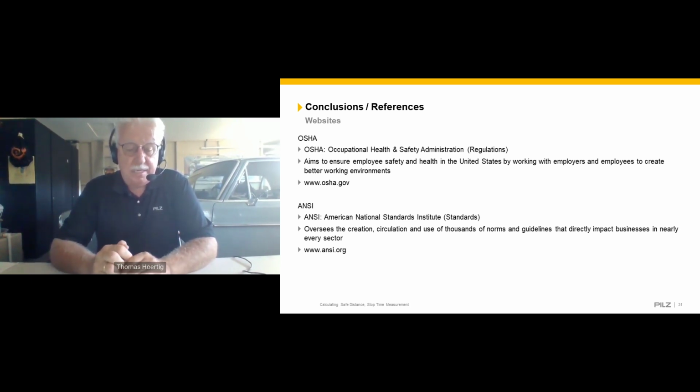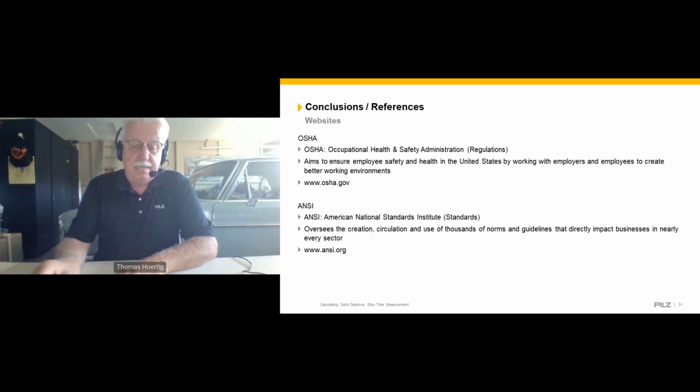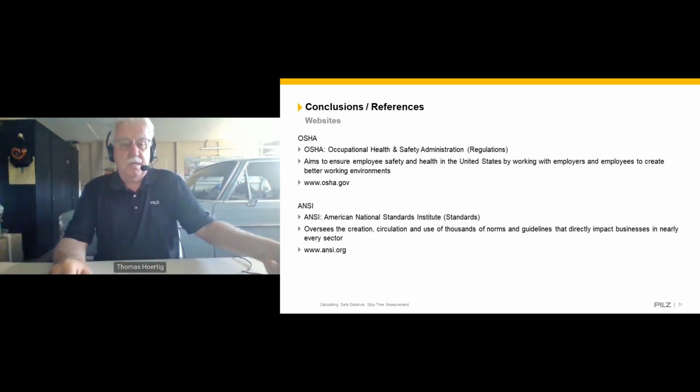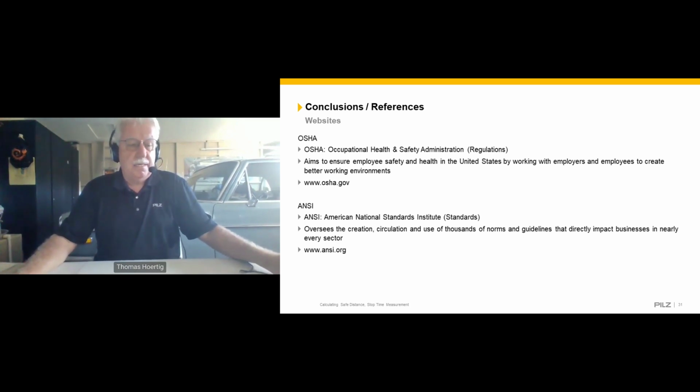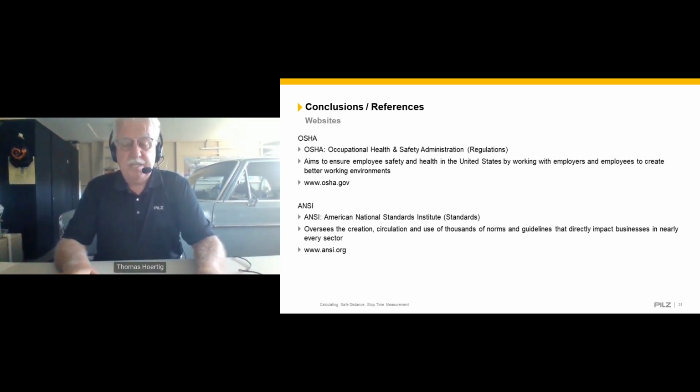And you have the website there, osha.gov. And then here, ANSI is the American National Standards Institute, and they oversee the creation, circulation of thousands of norms and guidelines that directly impact businesses in nearly every sector. And we have the website ansi.org.